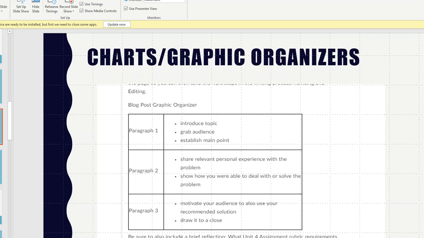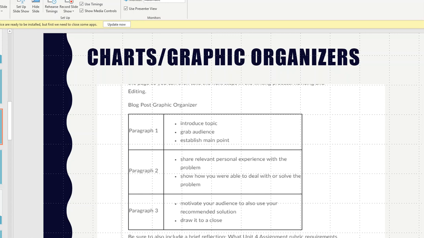So here, for example, is a chart that students will be using in the Unit 4 draft in the discussion board. We give them a chart there that asks them to use the chart to basically organize the information that they brainstorm. So we say, okay, in paragraph 1, try to do this thing and this thing and this thing. Introduce your topic, grab your audience, establish your main point.